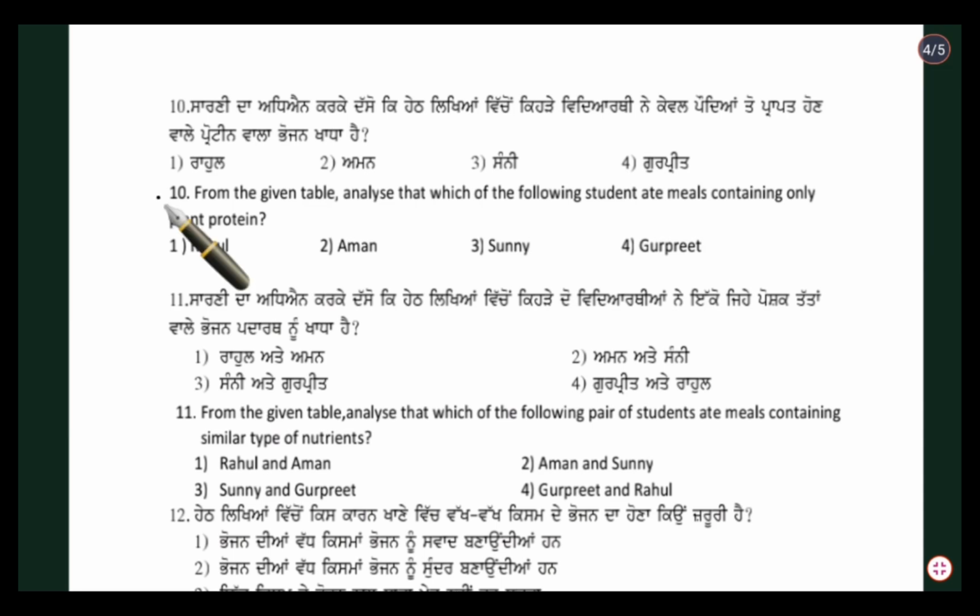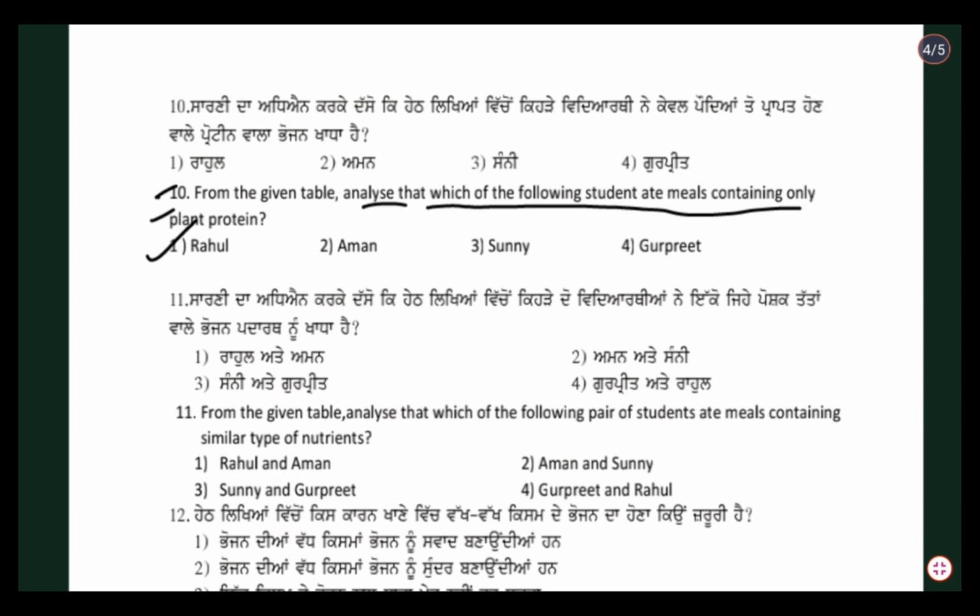So the question is, from the given table analyze which of the following students ate meals containing only plant protein. So after going through the table, we found that Rahul's meal consists of plant-based food, roti, dal and mixed vegetables, right?